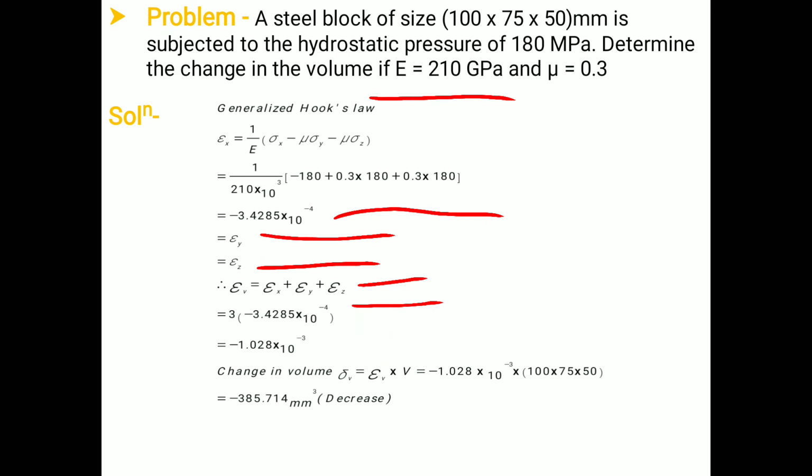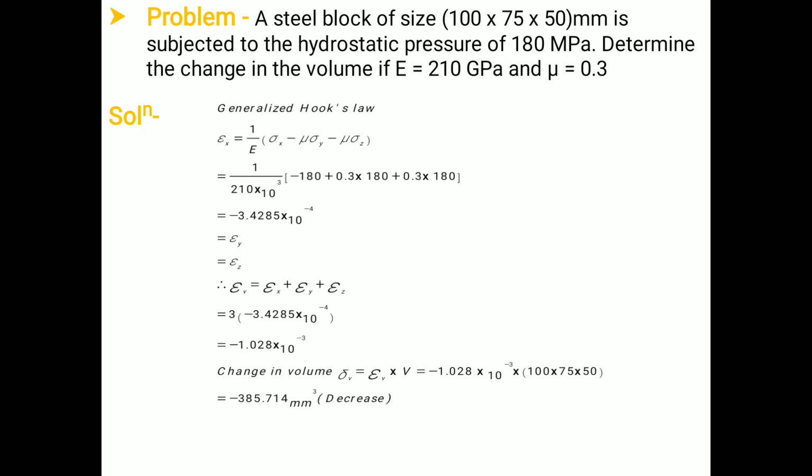But we have to find out the value of change in volume by using volumetric strain, and that is given by the formula delta V is equal to epsilon V into V. Therefore, as we have already calculated the value of epsilon V, it is minus 1.028 into 10 raised to minus 3, into volume, which is 100 into 75 into 50.